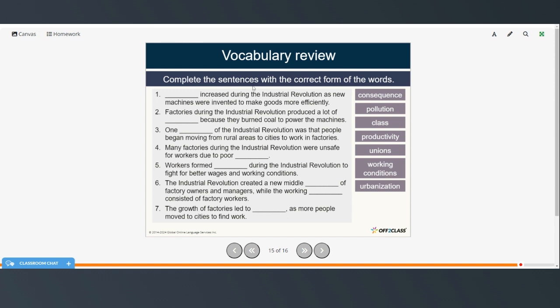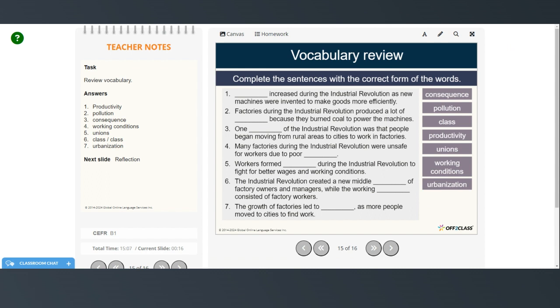All right, so this is a vocabulary review. You can pause the video, try this on your own, and then restart when you're ready to check your answers. All right, so number one, productivity increased during the Industrial Revolution as new machines were invented to make goods more efficiently.